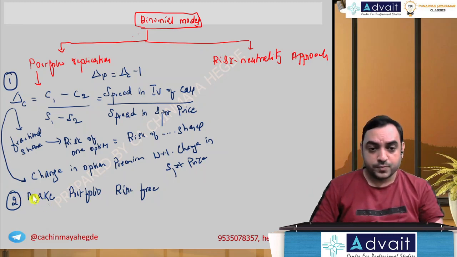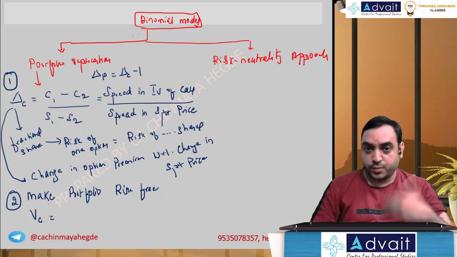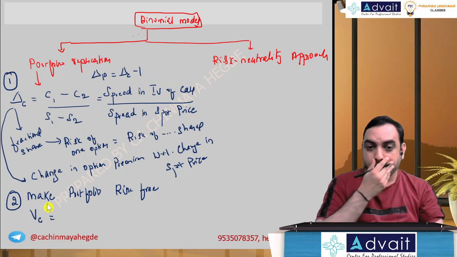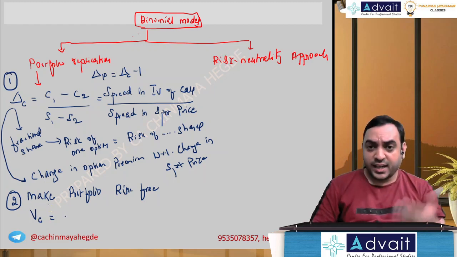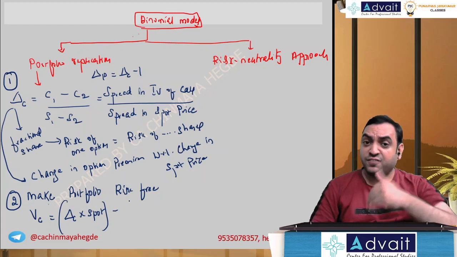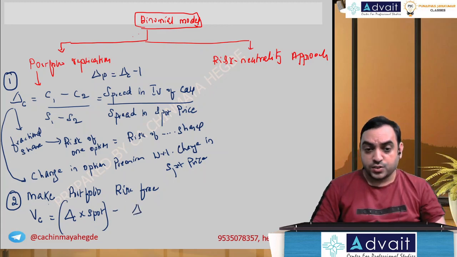The value of call, the call option premium, is the current portfolio, that is current spot price into delta of call, minus the present value of the portfolio if the price falls down: delta of call into low price divided by 1 plus R. That's the formula.